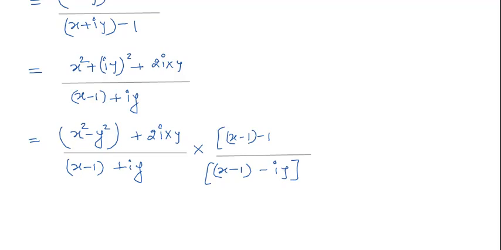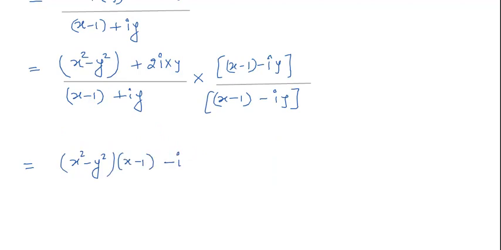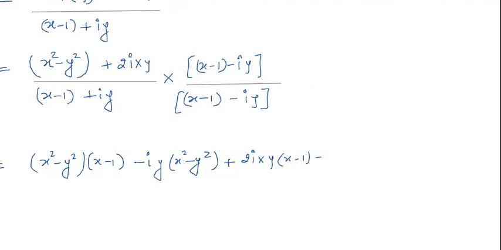On simplifying, we will be getting (x square minus y square) multiplied by (x minus 1) minus iota y times (x square minus y square) plus 2 iota xy times (x minus 1) minus, or rather we can say it will be 2 iota xy minus iota y, that will turn out to be plus of 2xy square, because minus iota and that iota will become iota square, that will be minus 1, so the complete thing will be plus.